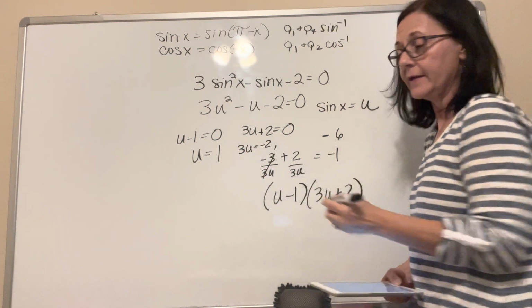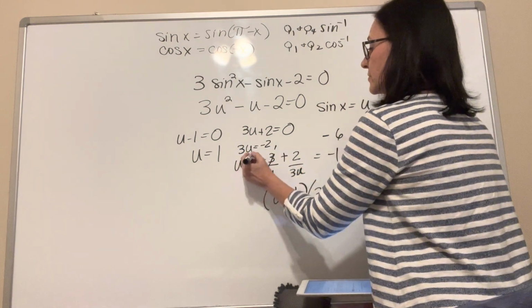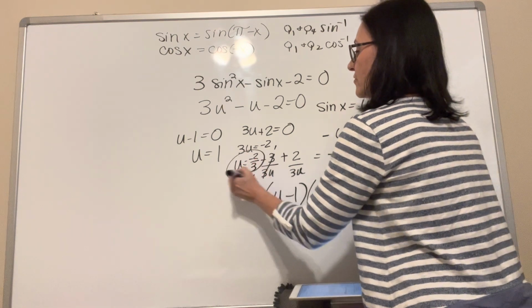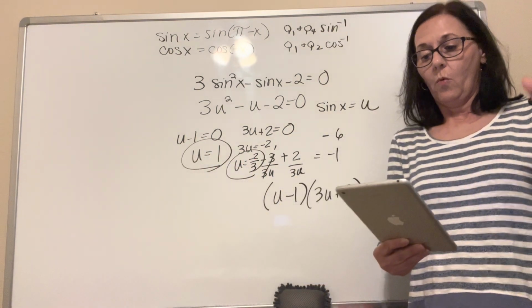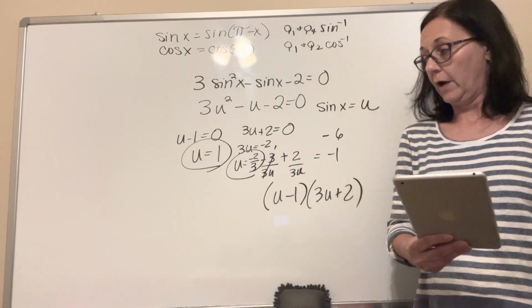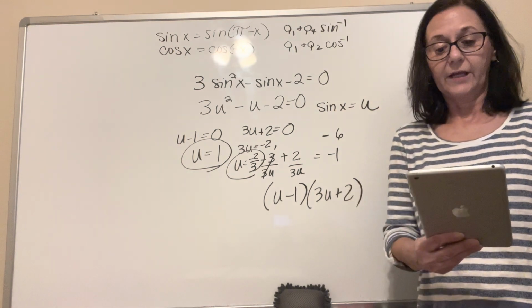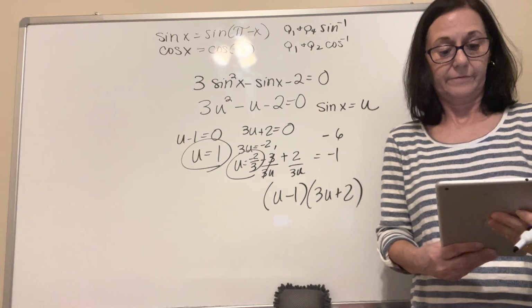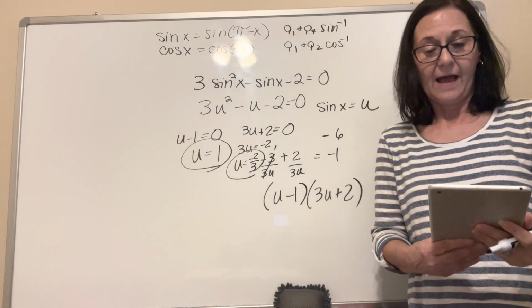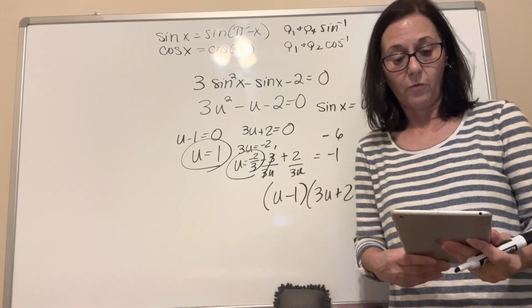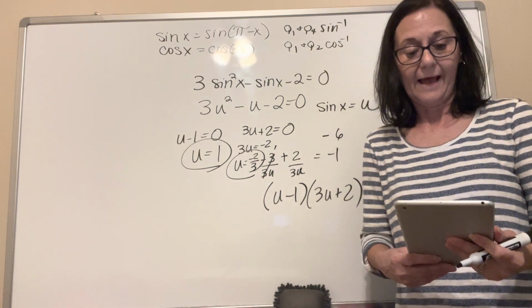Then I'll divide by 3. u equals -2 thirds. All right, so I have values for u. They are between 1 and -1, so I can use them both. So I'm expecting to have possibly 4 solutions at this point.